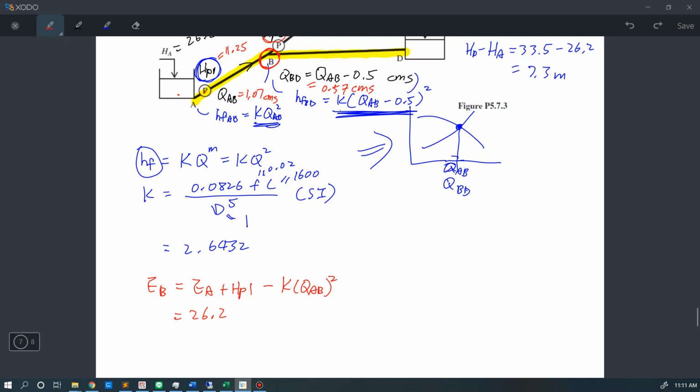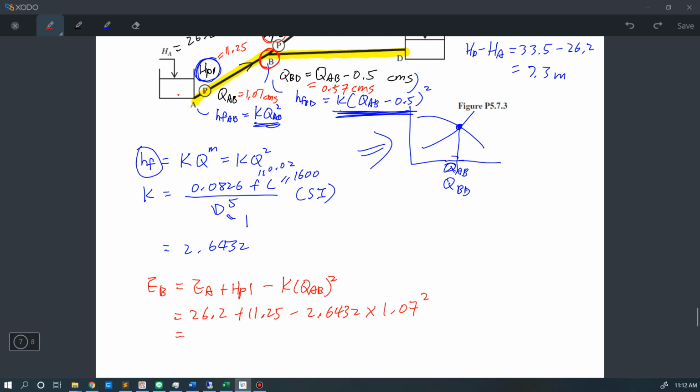And pump 1, already solved, is equal to 11.25 minus the losses. The K is equal to 2.6432 and the flow rate that we just solved is equal to 1.07 to the power 2.